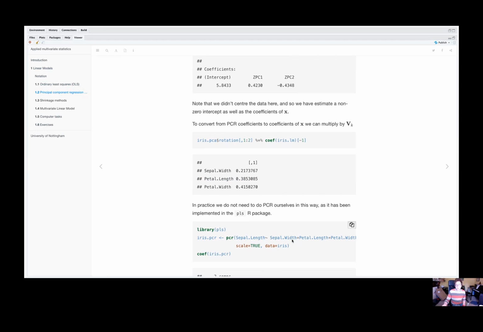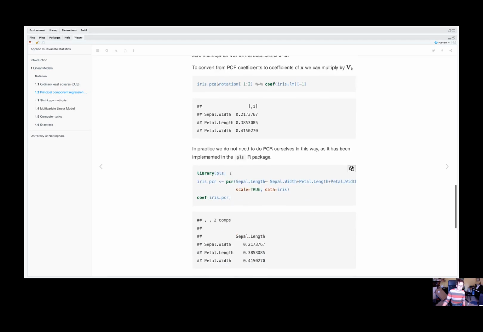Now, we don't need to do this ourselves in R, although as I say, it is very easy to do, but we can use the pcr command from the pls package. So we need to install this package first. Then the syntax of this command is exactly the same as the lm command. So I've got sepal length tilde sepal width, petal length, petal width.